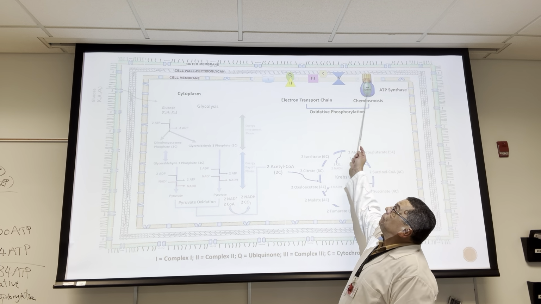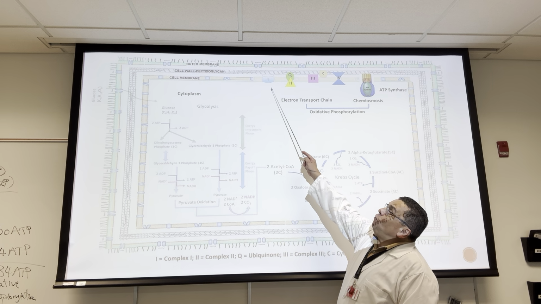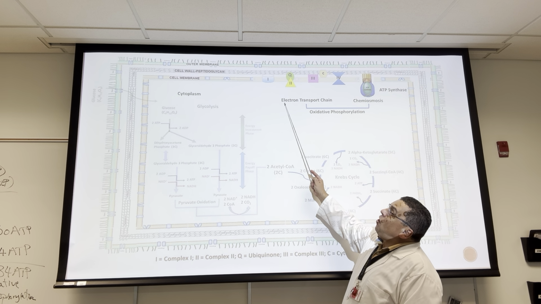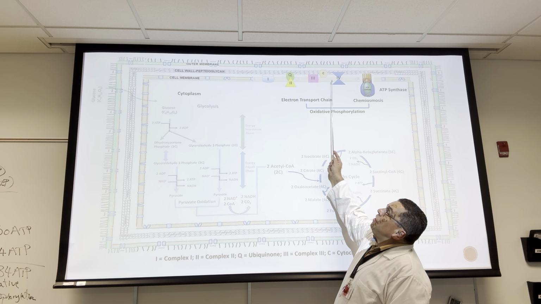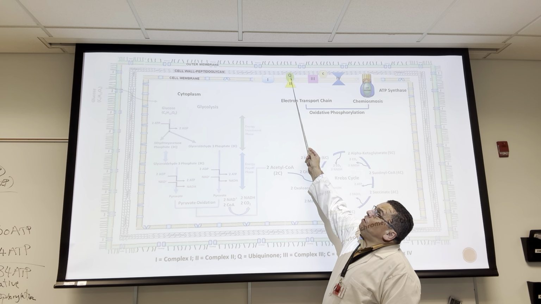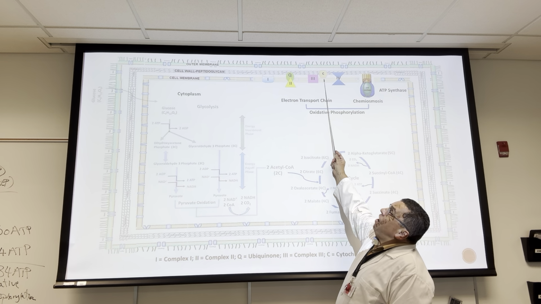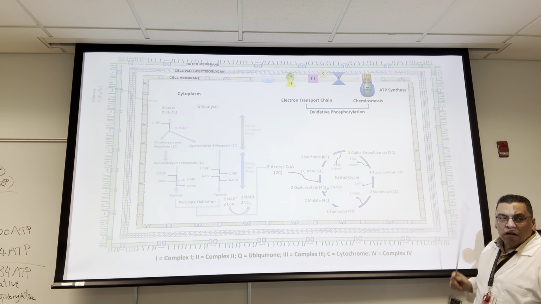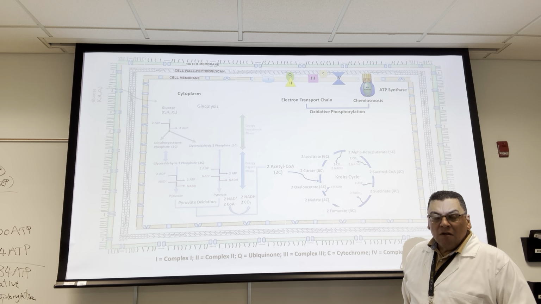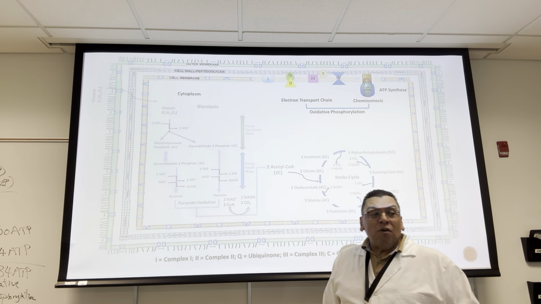Here it is. It's made up of 4 complexes, collectively called the electron transport chain: complex 1, 2, 3, and 4, along with ubiquinone, that's Q, and cytochrome C. Here's your key right here. So that's what's called the electron transport chain.